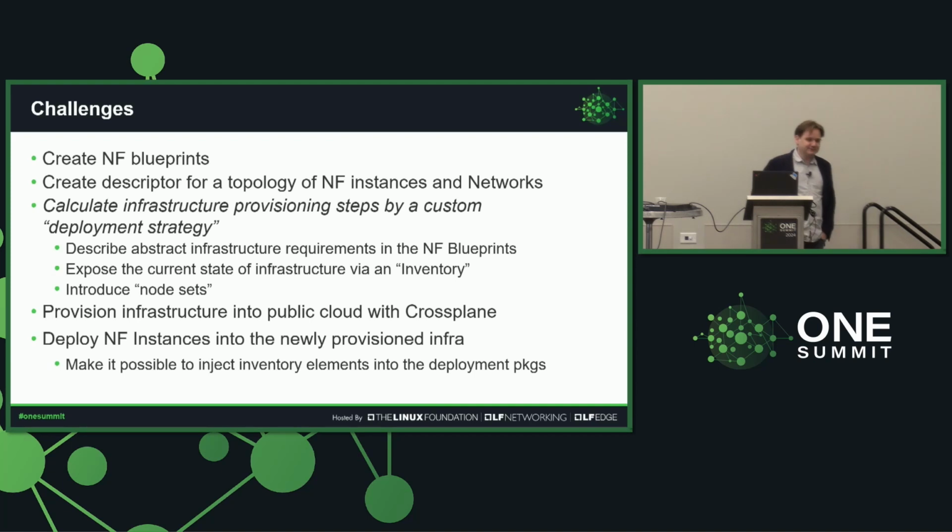As expected, I encountered some challenges along the way, and these are the ones that I try to list here. First of all, even though I already had custom resources to deploy these network function instances, in order to make it Nephio compatible, I had to use something that we call a network function blueprint in Nephio.